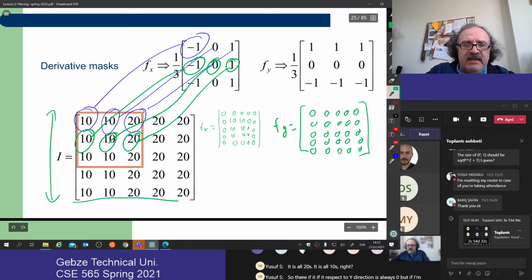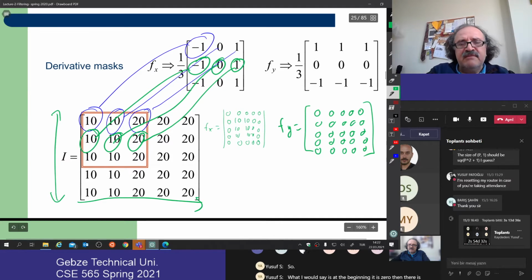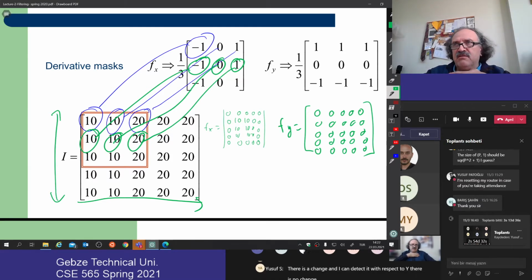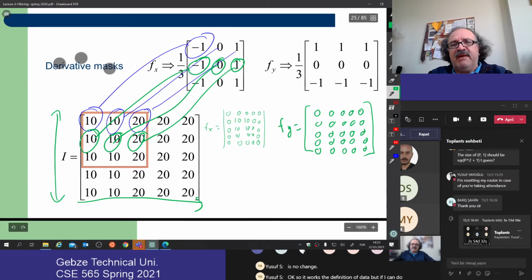But if I move like that, what I would see is at the beginning it is 0, then there is an increase, then 0 again, right? So it is moving a little bit up, and then it's becoming 0 again. So with respect to x, there is a change, and I can detect it. With respect to y, there is no change. Okay, so it works. The definition of derivative, I can do it with these derivative masks.